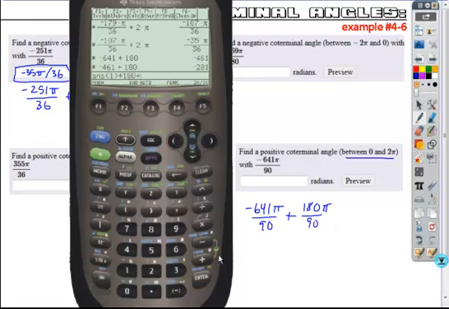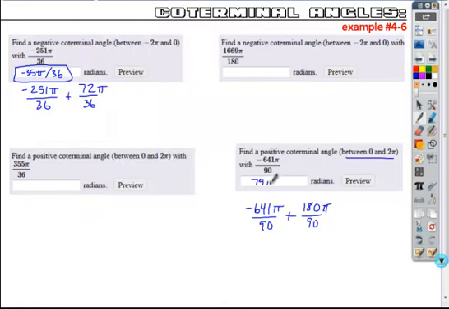I know I need to go one more beyond this. I add one more 180, and that gives me 79. So I'm going to use pi over 90 to complete my fraction, and that's going to be my coterminal angle. It has the same initial and terminal side as this given angle in terms of radians.